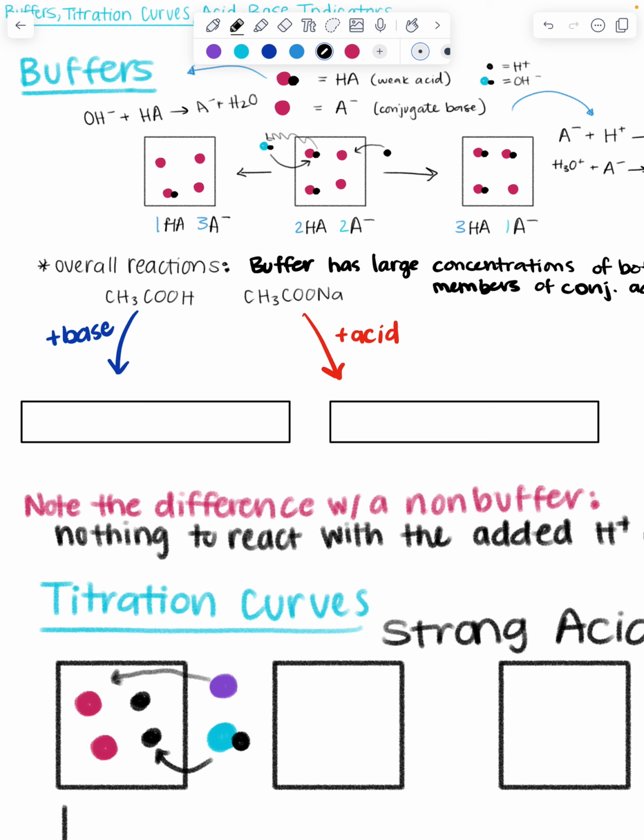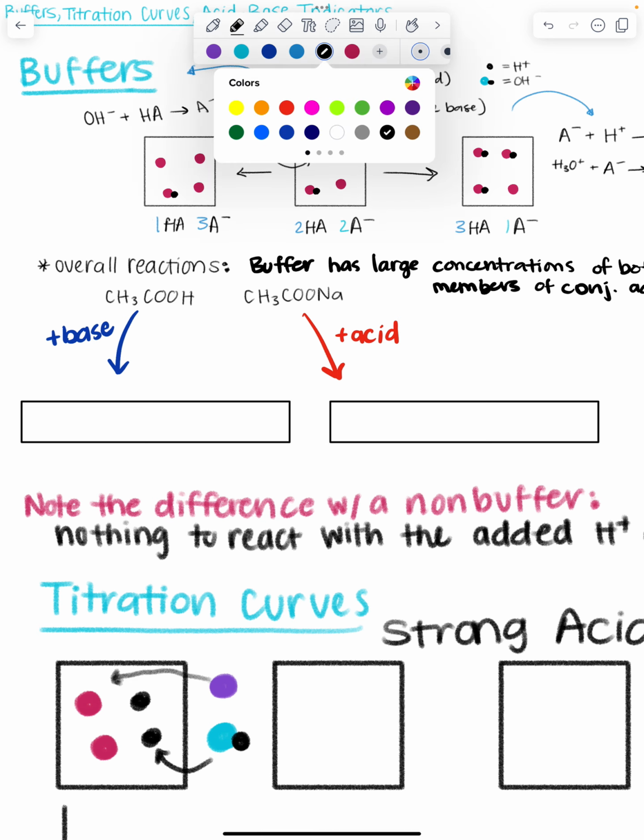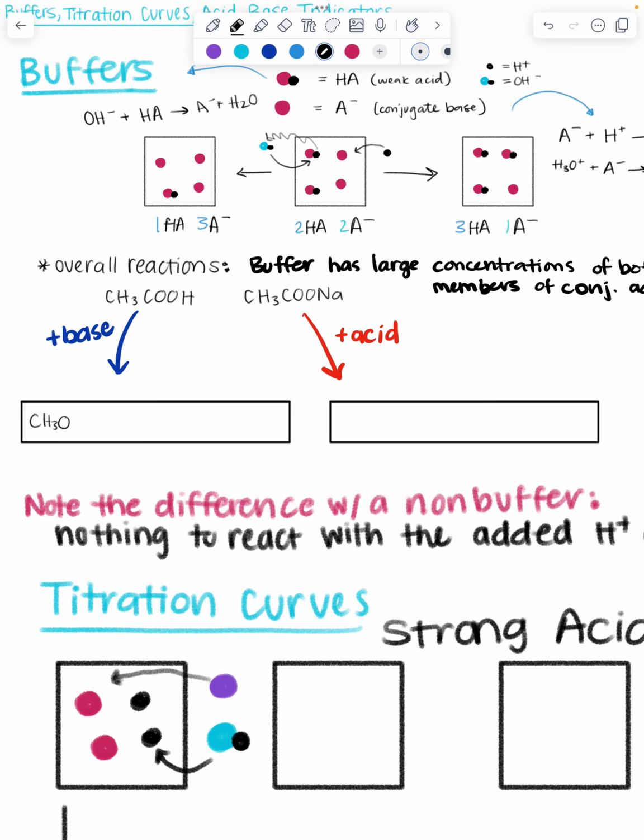So when I add base to my acetic acid, CH3COOH plus OH minus yields the weak base CH3COO minus plus H2O. Same thing if I add the acid, my conjugate base is going to react to form weak acid and water.